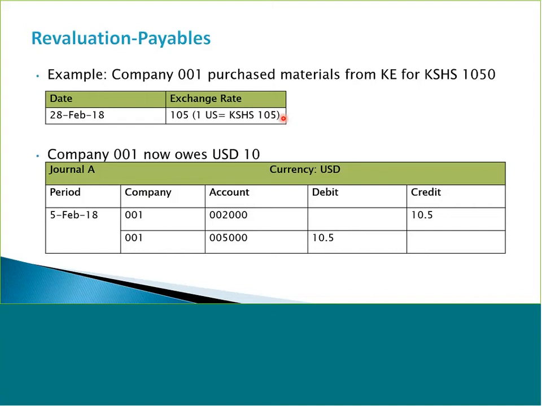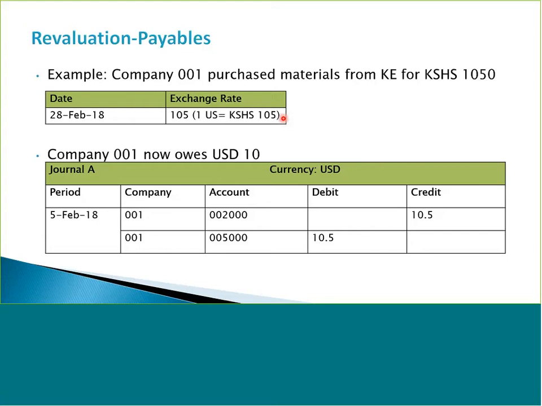However, when we run the reports in this state, Maskani is going to be overstating the liabilities to the company in Kenya. Okay, because the exchange rate has changed. So before, Maskani owed $10.50, but now they owe $10 because of the change in the exchange rate.